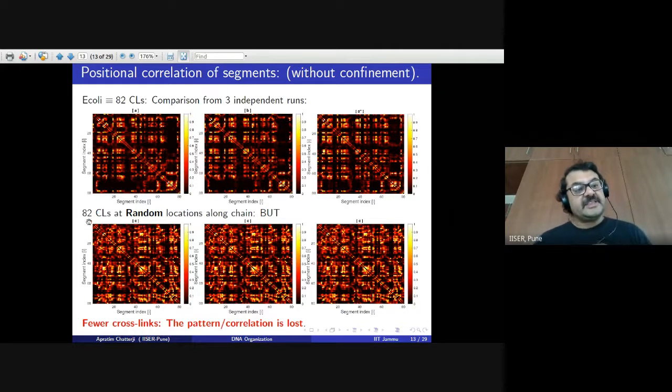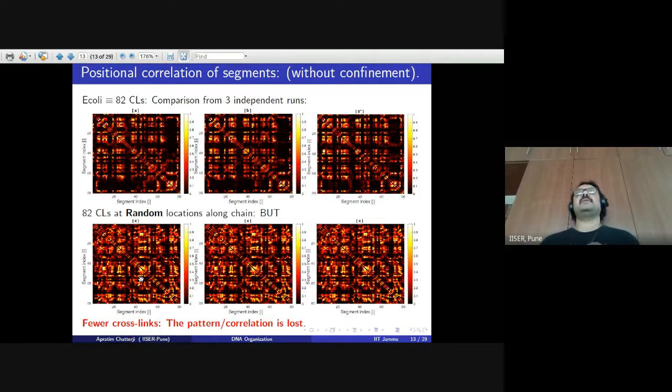This is data with an equal number of crosslinks, but very randomly chosen, where the position is randomly chosen. You see that qualitatively, even by your eye, and we have done quantitative calculations as well, the nature of this data and this data is very different. Here the correlations are all very diffuse.